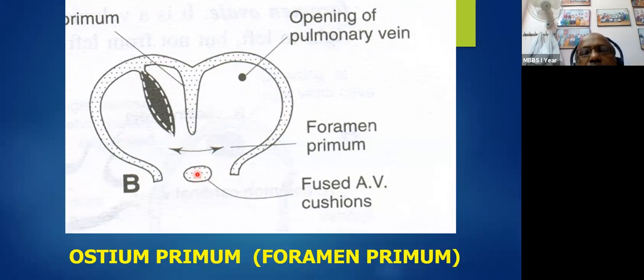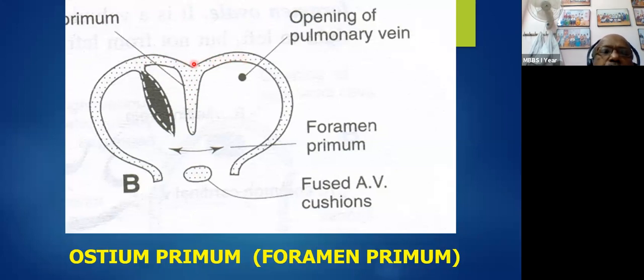Now, during the formation of your interatrial septum, first we have the formation of the septum called the septum primum. So this is the septum primum, and it starts from the roof of the common atrial chamber. This is the roof of the common atrial chamber.